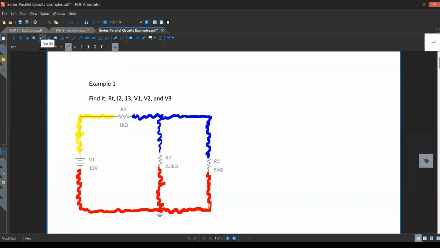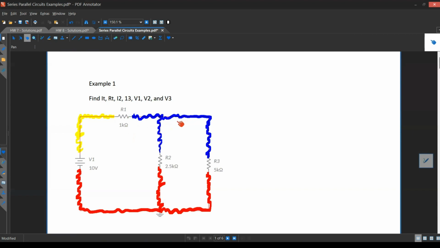So if we start looking for anything that's in series, let's look at R1. R1 comes to this junction point right here, to this node. At this point, you can tell it's not in series with anything else, because if the current is flowing through R1, now it has options of flowing down and flowing to the right.